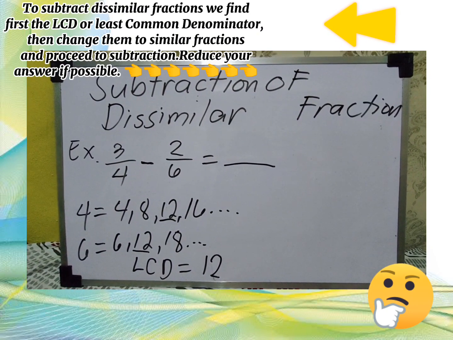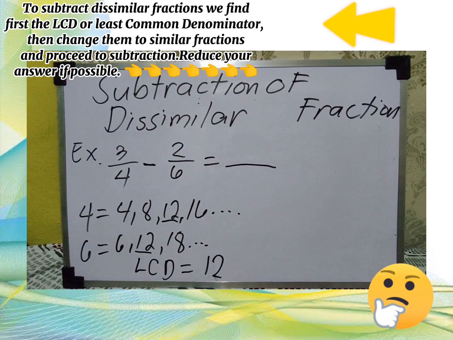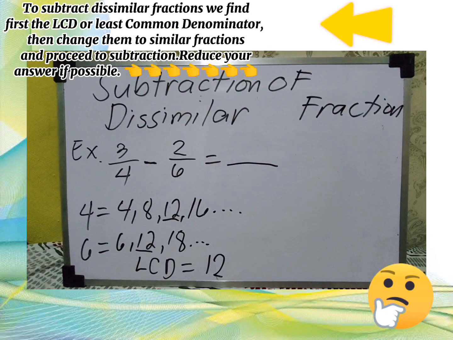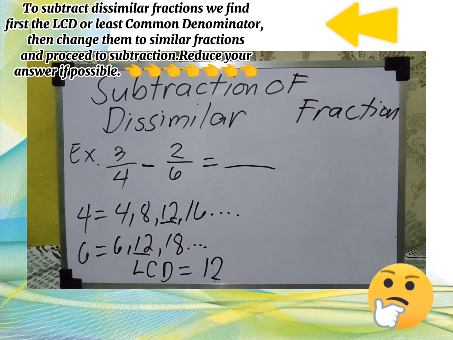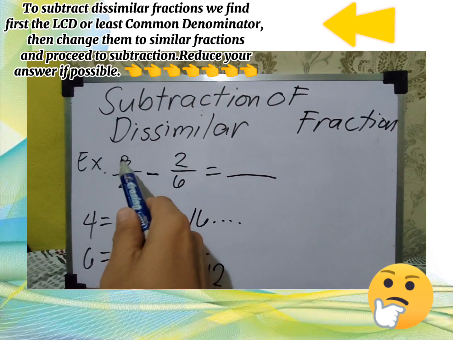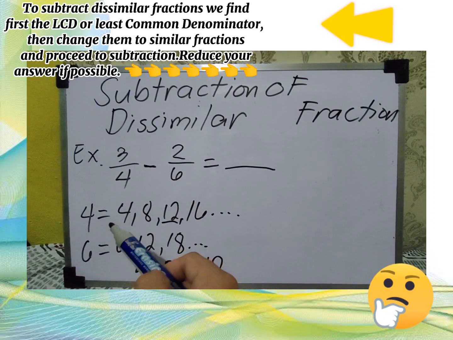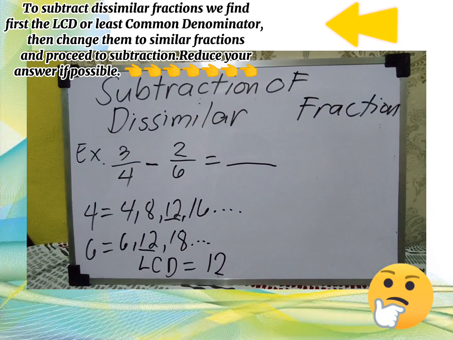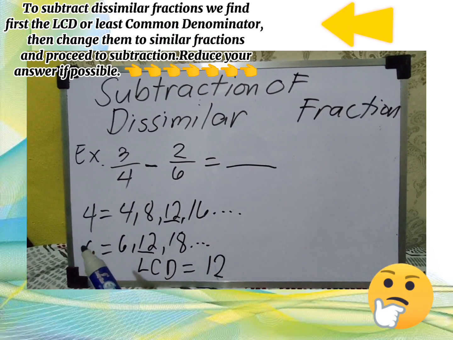The next example, class, subtraction of dissimilar fractions. When we say dissimilar fractions, they have different denominators. For example, 3/4 minus 2/6, dissimilar fractions. To subtract dissimilar fractions, first we find the LCD.